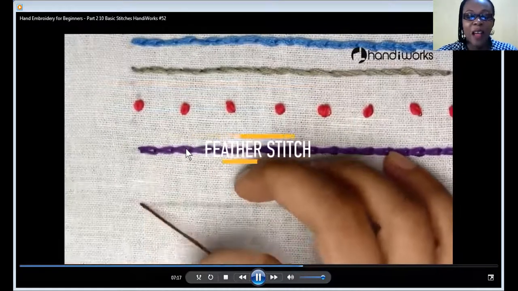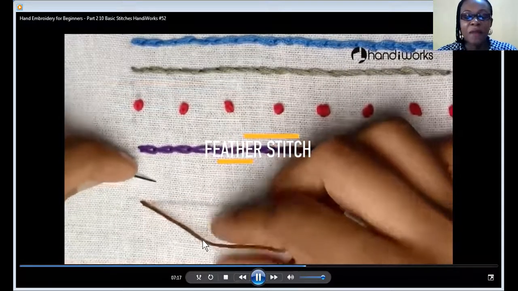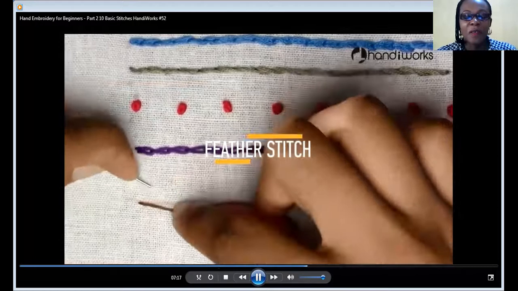You can see it's about doing feather stitch. Feather stitch.